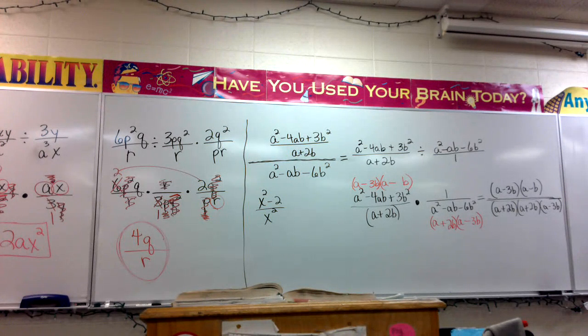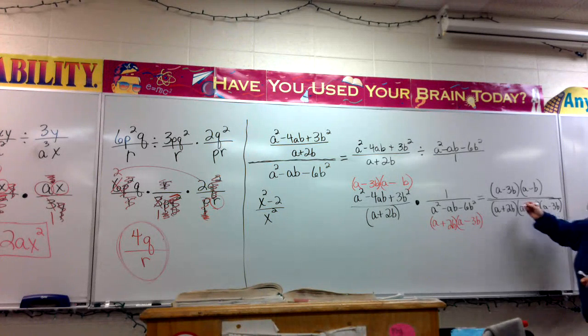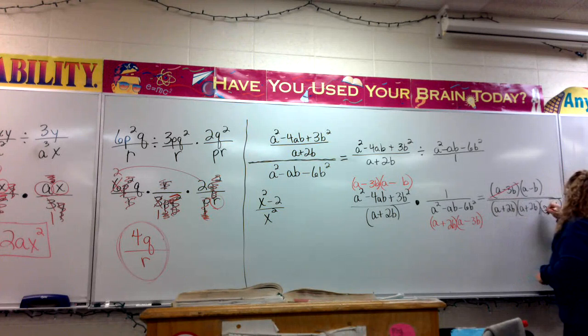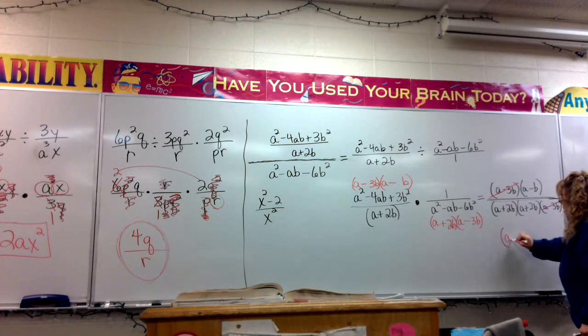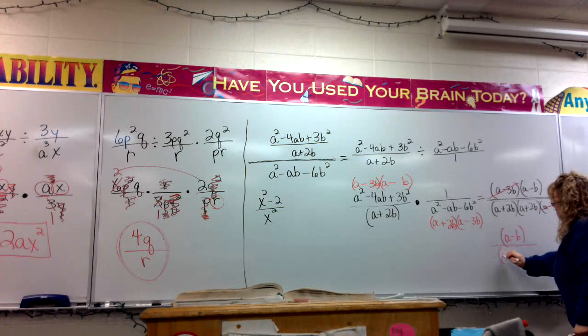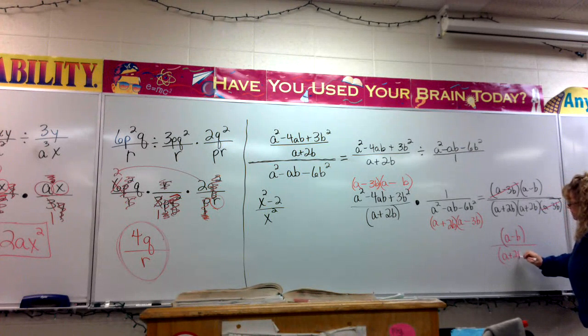What can I do? I at least have an a minus 3b. I can cancel all of this stuff. I don't think there's anything else, right? So on top, I have an a minus b. On bottom, I have a plus 2b squared, or another a plus 2b.